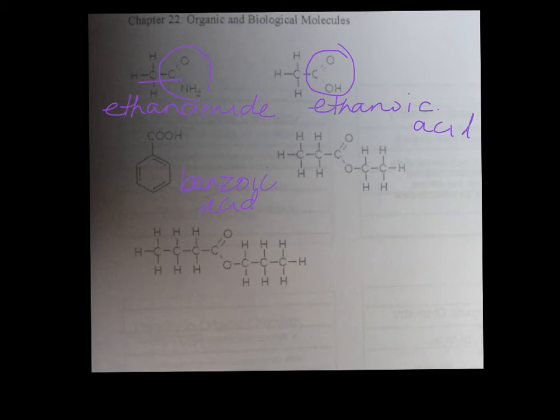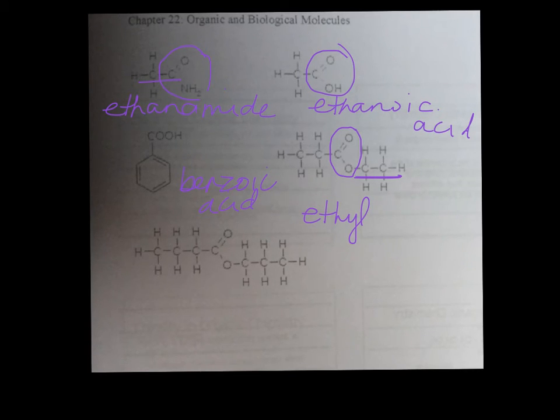And the last two review esters. I see my C double bond O. The easiest way to name this is look to the right of the O, count your number of C's, you have 2. This is ethyl. It came from the alcohol that was used to form the ester.